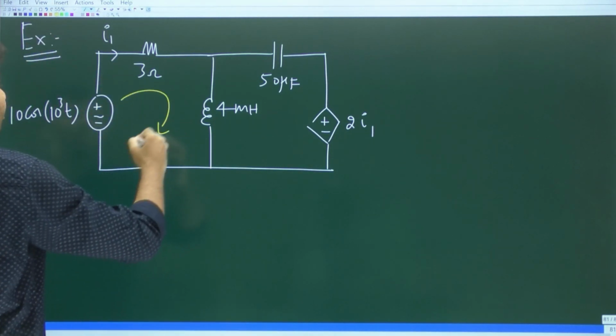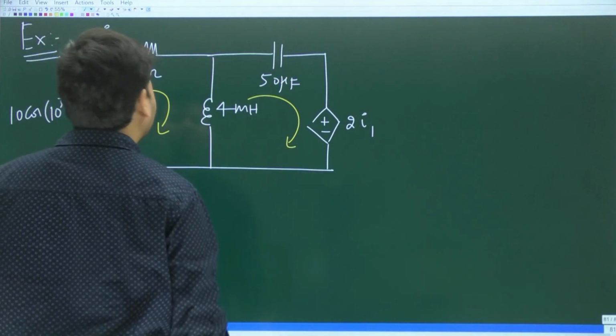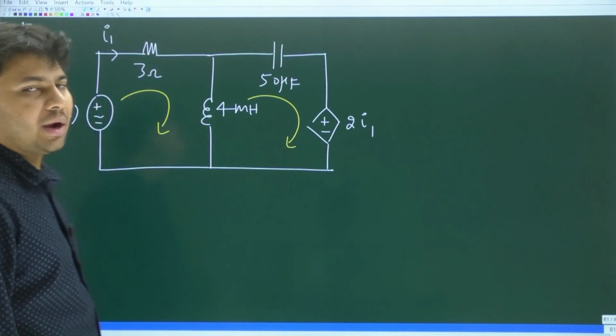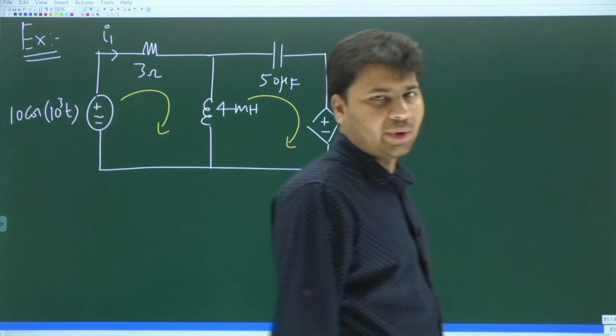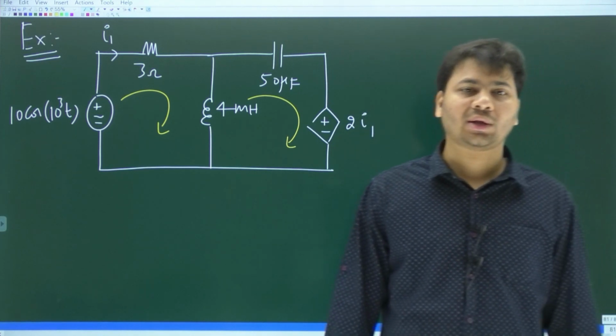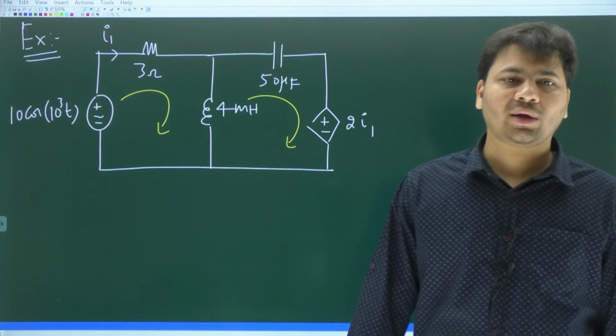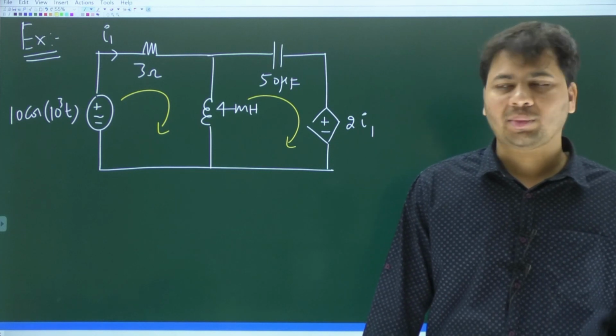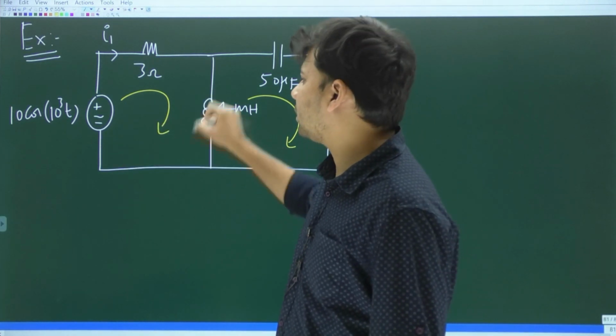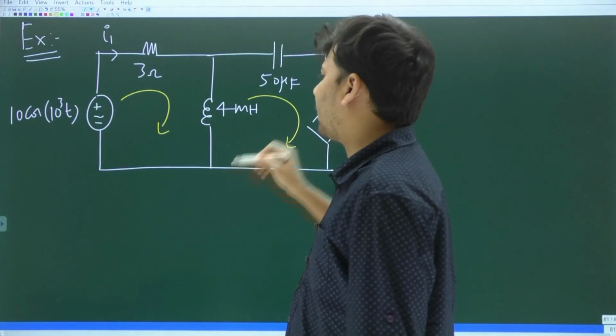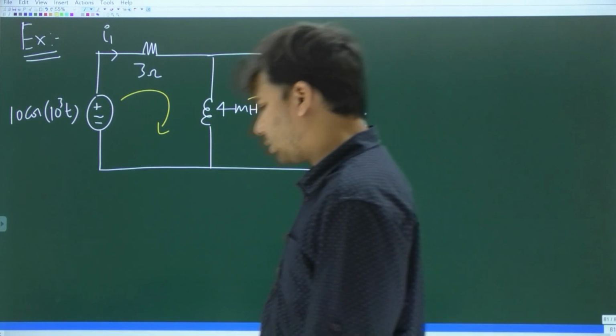This is one mesh, this is the other mesh. If you have two meshes, you can write two mesh equations, and mesh equations are nothing but the KVL equation around every mesh. You can write KVL around this mesh, you can also write KVL around the other mesh.